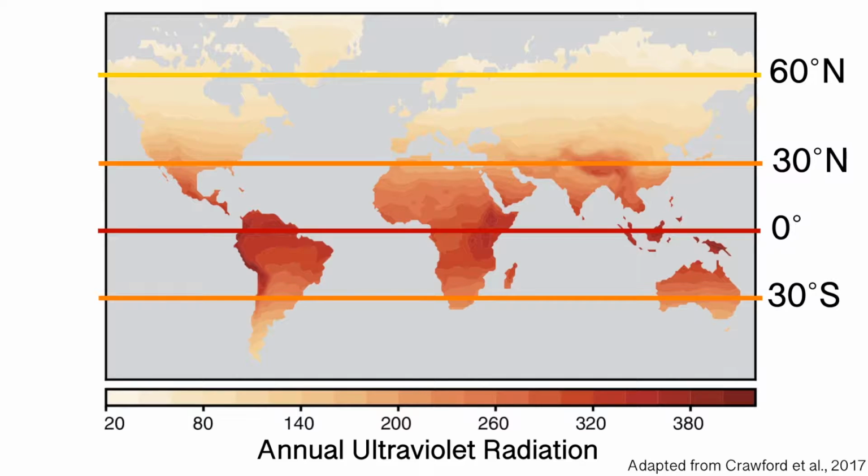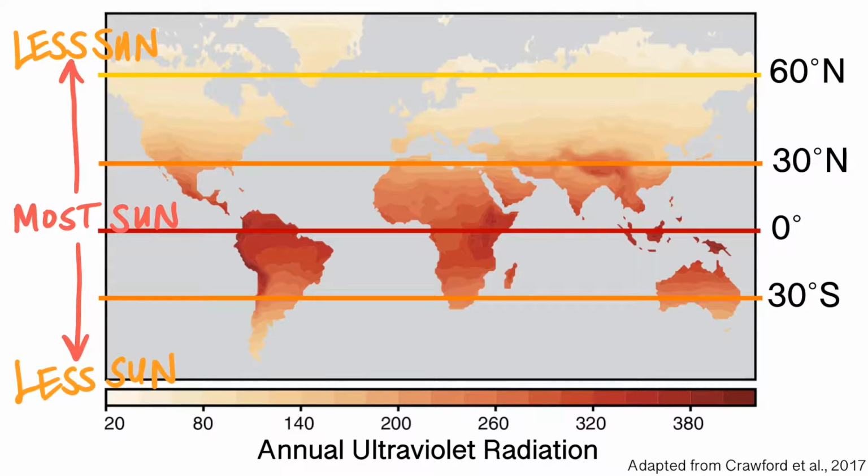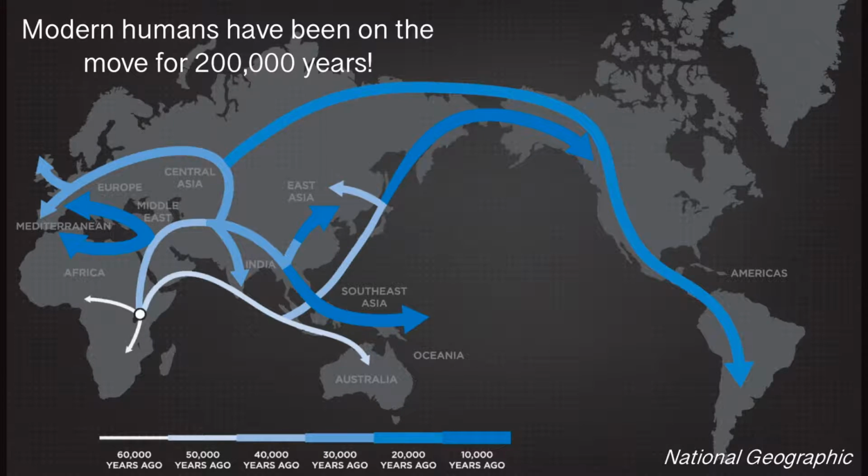For example, if you add the latitudes onto this map, you'll see that the equator at 0 degrees receives much higher levels of annual ultraviolet radiation than does 60 degrees or even 30 degrees. So as you move away from the equator, the amount of sunlight you would be exposed to in that environment would decrease rapidly. In this chapter, we also learned that humans first evolved in Africa.